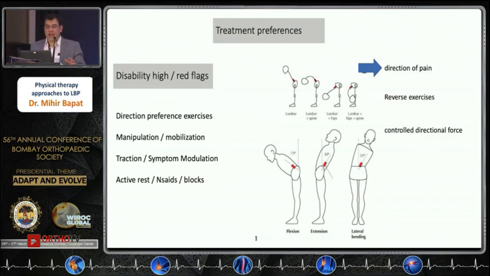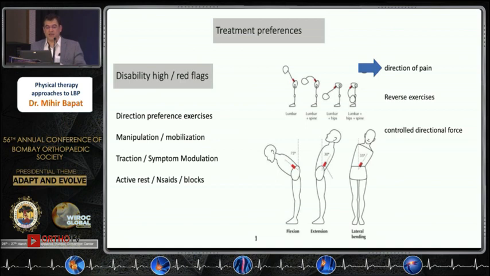So, what do you mean by McKenzie exercises? These are direction preference exercises. Now, a physiotherapist would assess a patient in which part of his movement does he experience maximum pain, and how do you reverse this pain by reversing the direction. So the aim is to reduce the radicular pain and make it more central. So that's the aim of this therapy.